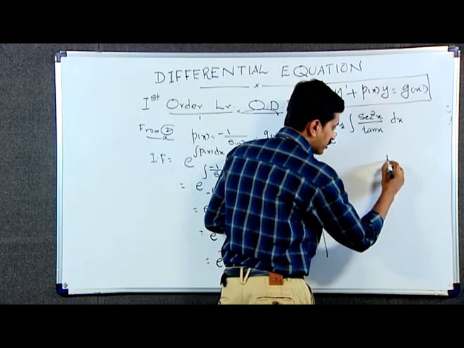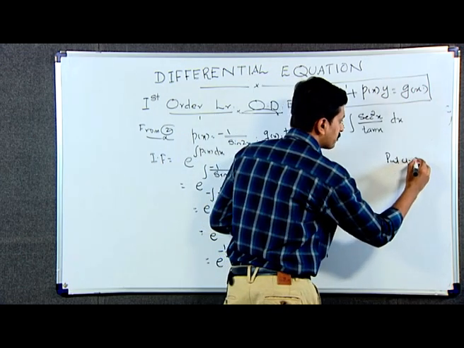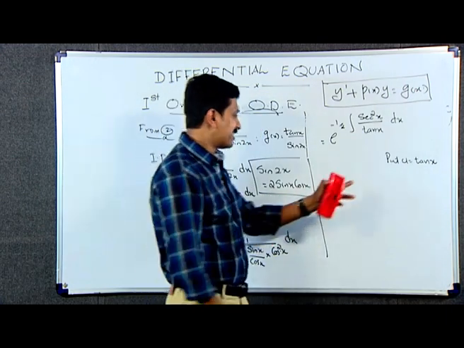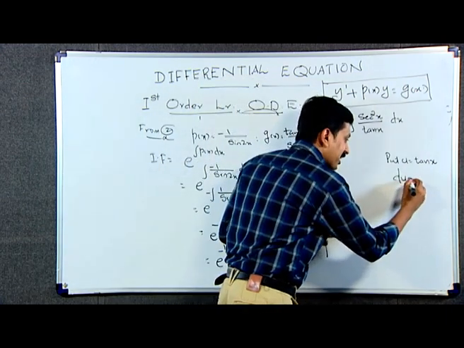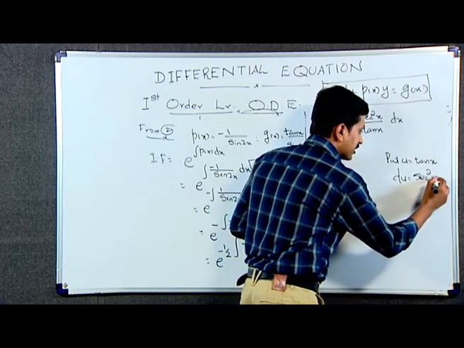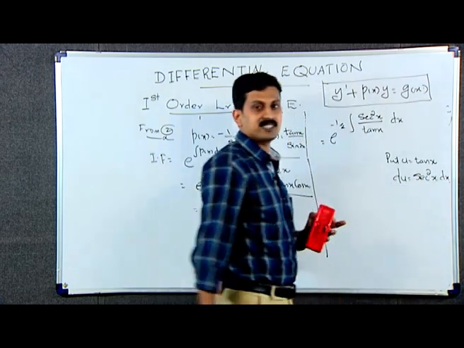So, put u equal to tan x. Then du is the derivative of tan x, which is sec square x into dx.